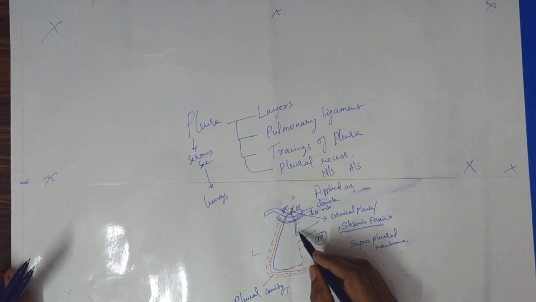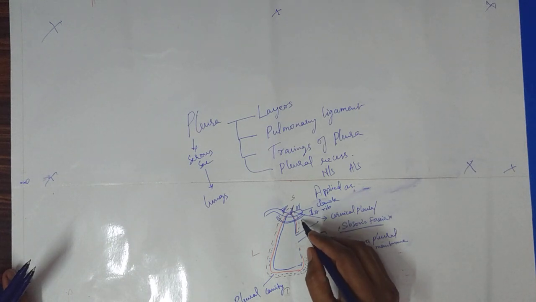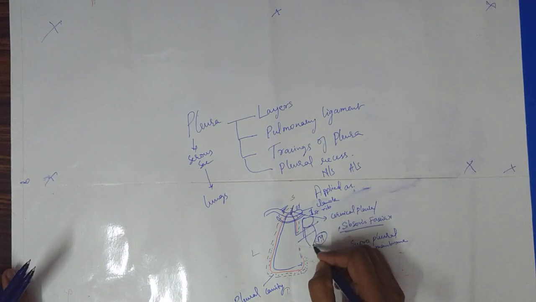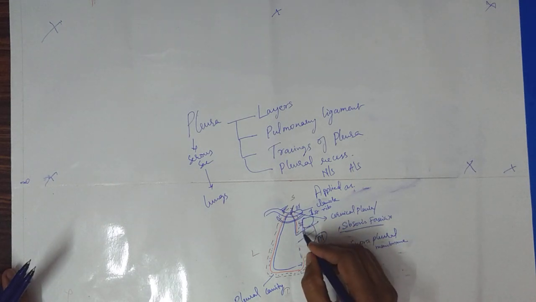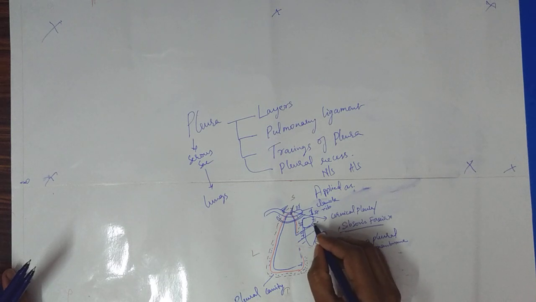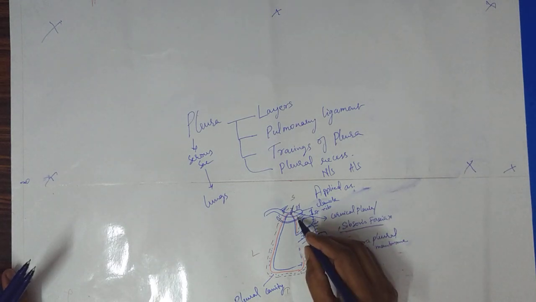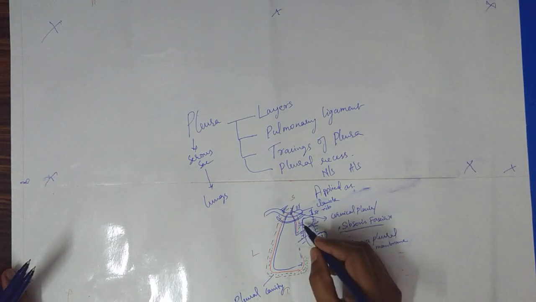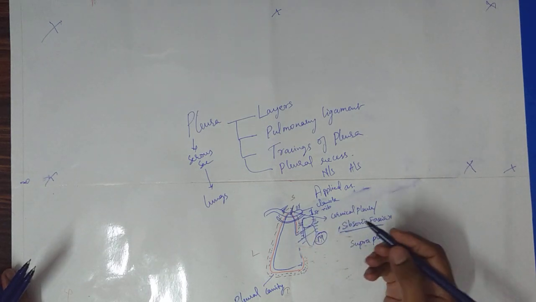Lining this you have the mediastinal pleura, which in the midline is related with the sternum and the costal cartilages.